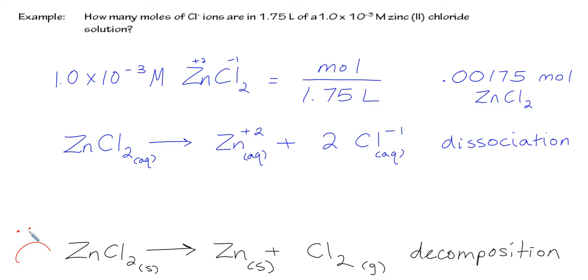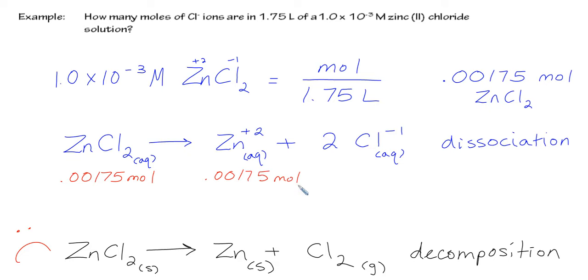So in this solution, I started with 0.00175 moles of that zinc chloride. When it dissociates, I'm going to get 1 mole of zinc per mole of zinc chloride. So this would be a 1-to-1 ratio. Moles.